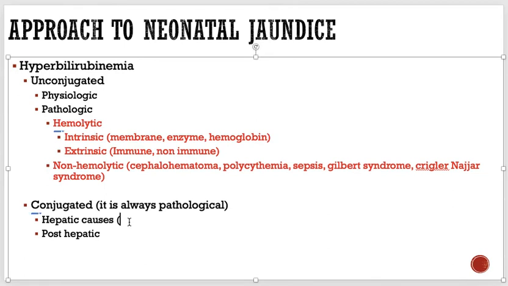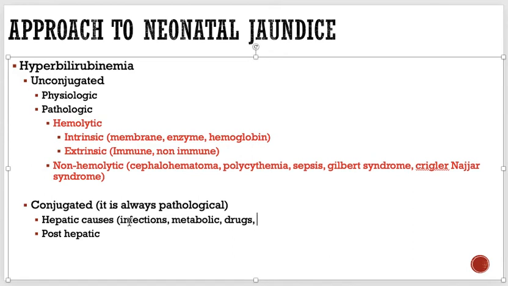For example, what are the hepatic causes? The baby may have infections, due to which there could be hepatitis going on, like hepatitis B or TORCH infection, or sepsis again. It could be metabolic causes like galactosemia, alpha-1 antitrypsin deficiency, or hypothyroidism. It could be due to drugs.